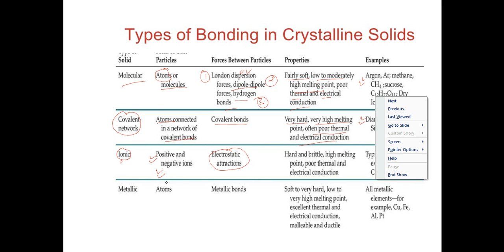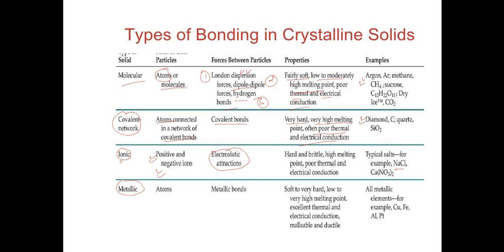Now the last type is the metallic solid. A metallic solid also consists of atoms, but it is different from covalent solids because its atoms are only metals. So all the metal atoms are bound by a strong metallic bond.